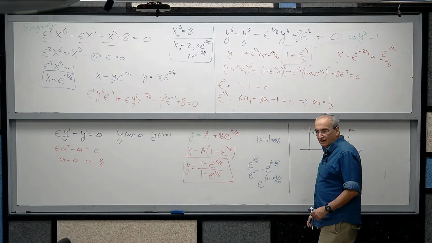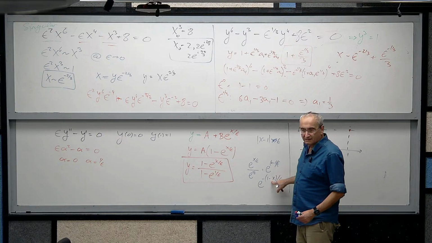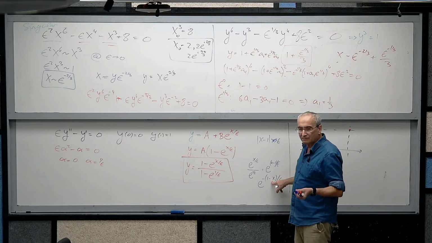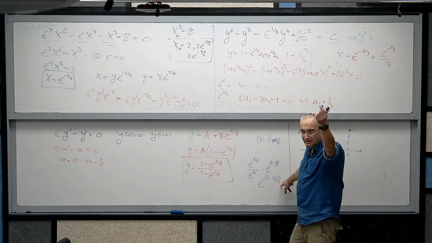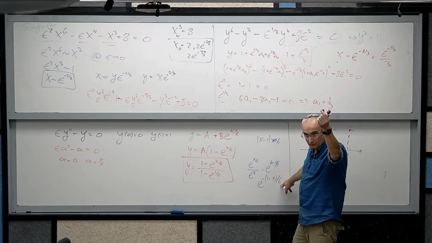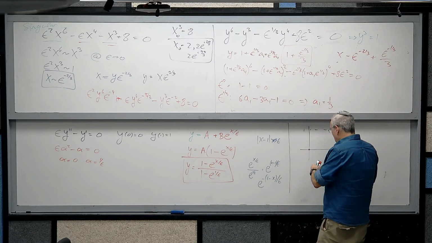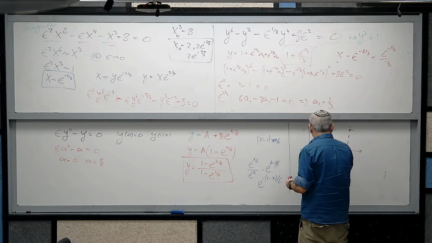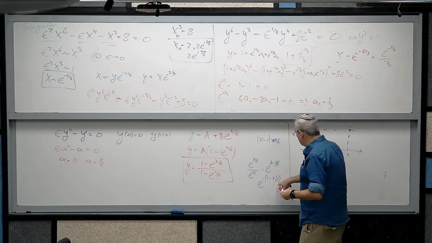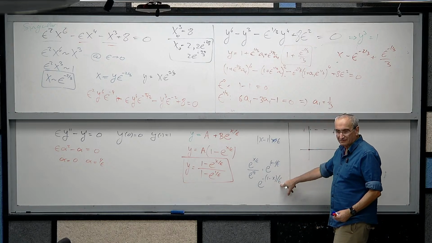If 1 minus x is finite, like 10 to the minus 5, and I'm taking epsilon to be 10 to the minus 100, what will I get? 0. So the solution will be 0 until 1 minus x starts to be of order epsilon.